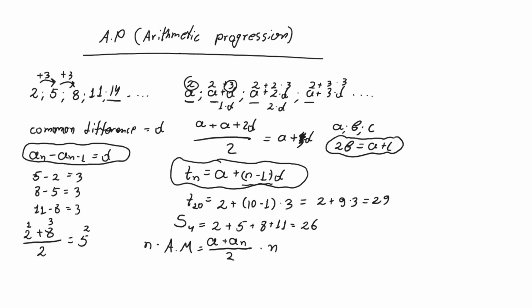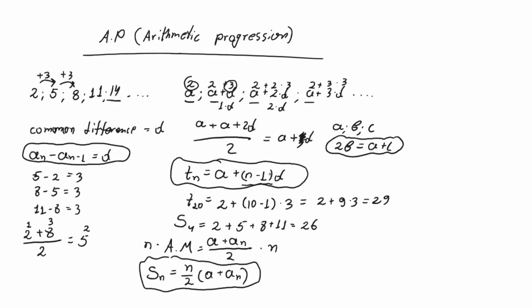So to write it in a better way, the sum of the first n terms in the sequence is n over 2 times a plus a sub n. Okay.